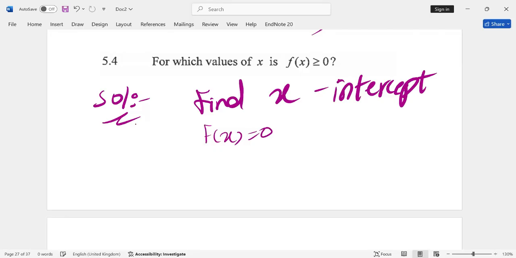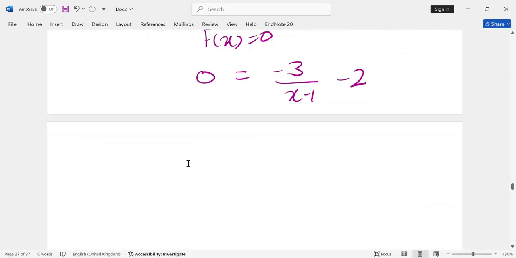So just put in the equation 0 equals minus 3 by x minus 1, minus 2. So I'm just going to simplify the equation. We have minus 3 by x minus 1 equals 2.